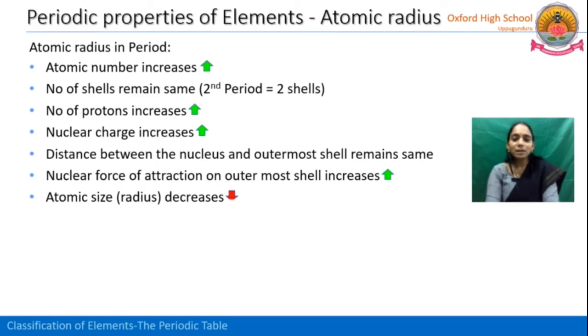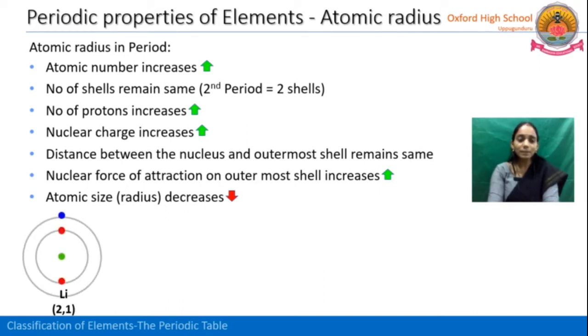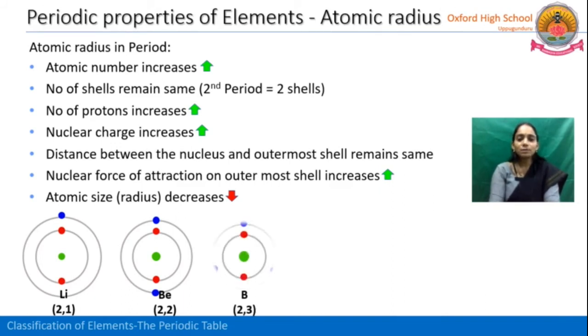You can clearly get this through this picture. See here, this is lithium. The number of protons here is 3 and the number of electrons is 3, and we are taking the second period, so 2 shells are there. The next element is beryllium, and then boron.